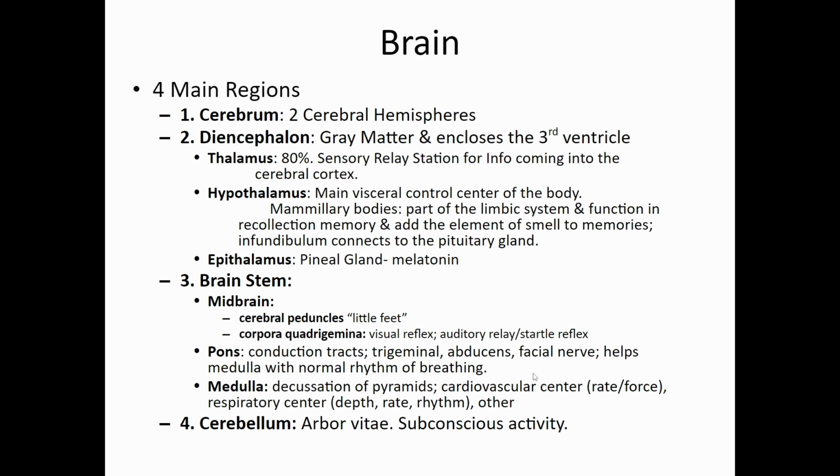So let's look at those four main regions and talk about some general functions. The cerebrum, or two cerebral hemispheres, that's what does all of our thinking, especially the outer gray matter in the cerebrum.